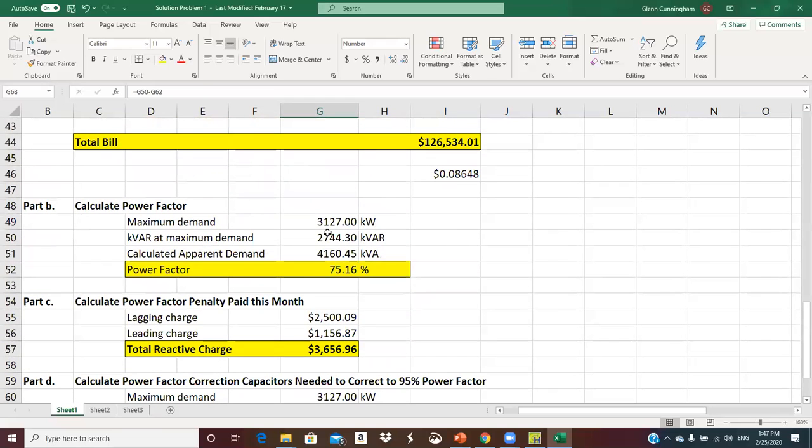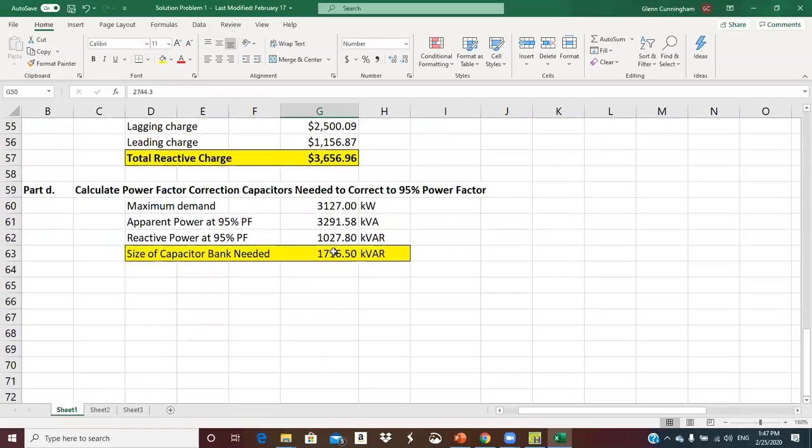I'll find it here in a minute. Yeah, that's the kVAR for the month. And subtracting off G62, this one. So about 1716 is how much we would have to have corrected in this month to get to 95%.